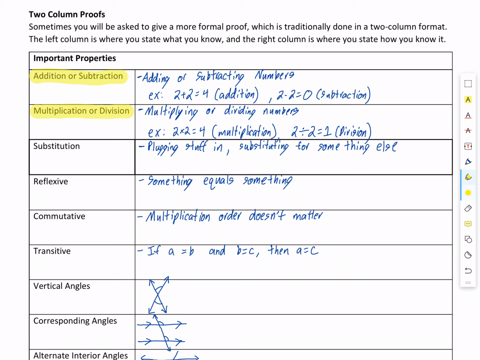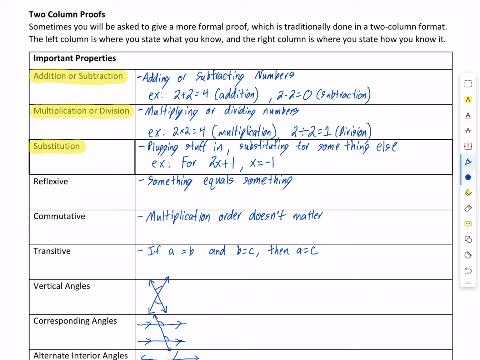Substitution. So we did this, solving equations by substitution basically means we're plugging stuff in. So for an example, let's go with 2x plus 1, where x is equal to negative 1.